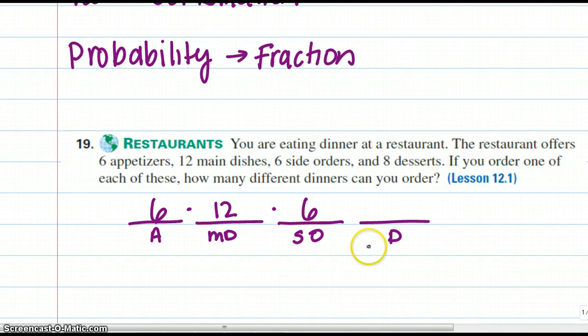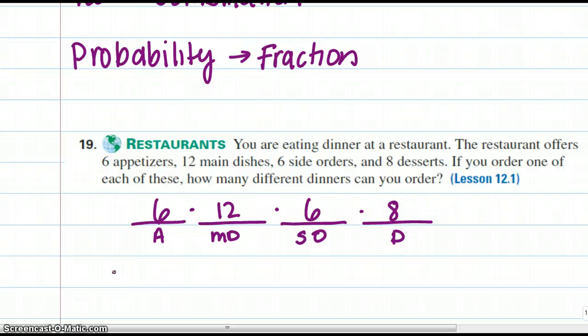And then desserts, well, there are 8. We can multiply all these numbers together to get the total number of different dinners you could possibly order. So if you type 6 times 12 times 6 times 8, you get 3,456 dinners.